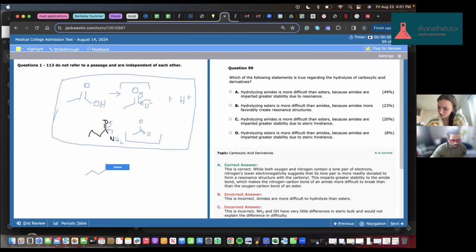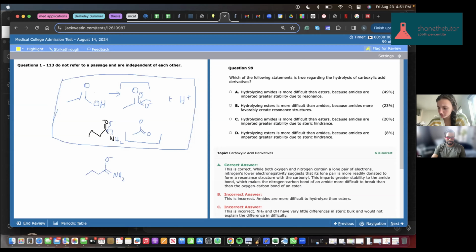And so this molecule would be O minus and then double bonded to the NH2. So we see that amides also have resonance stabilization. That's some more information about amides and carboxylic acids.